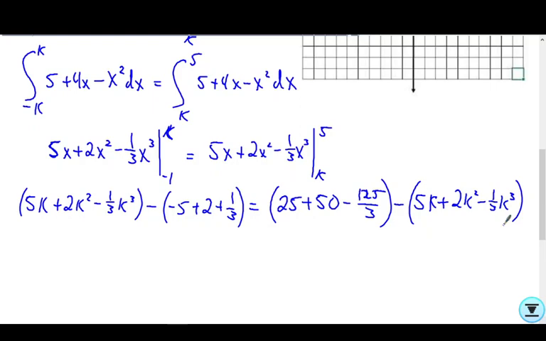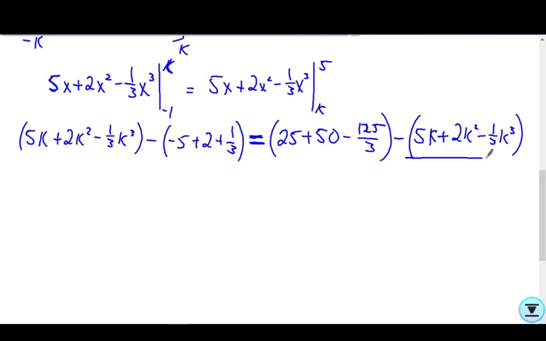Now, since these two are equal, I'm going to do a little algebra to make my life a whole lot easier. Instead of getting rid of my parentheses and moving everything individually, I'm going to move them inside the parentheses. I'm going to move this whole thing to the left side, and this whole thing to the right side.